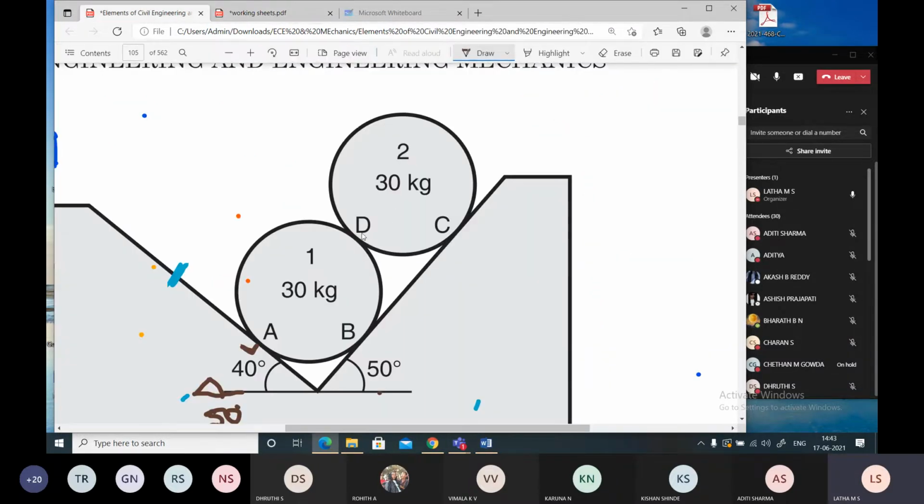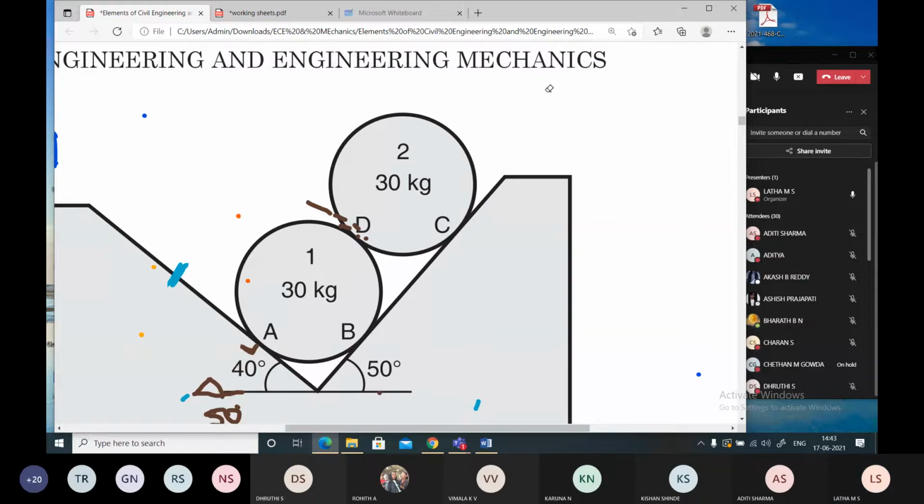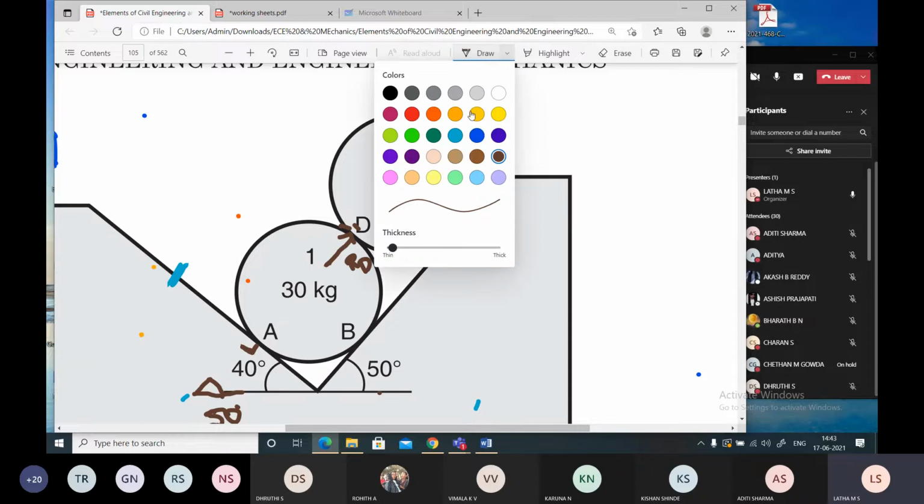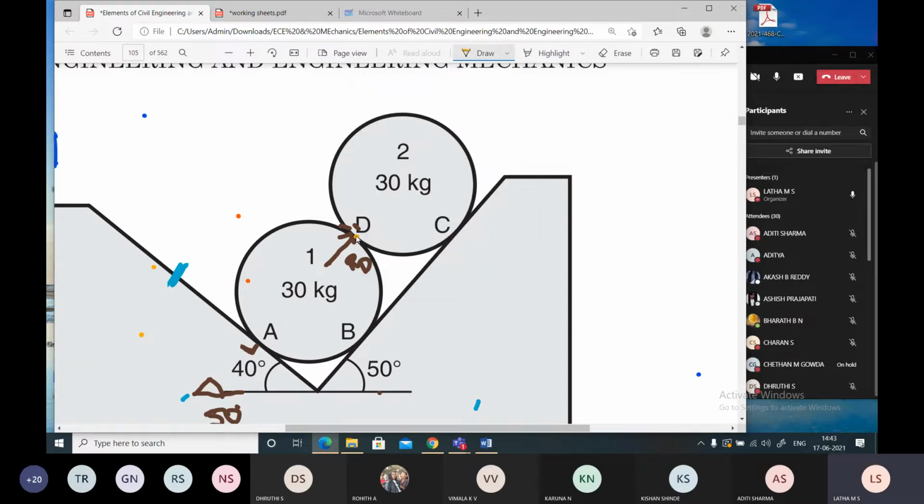To maintain equilibrium, I should drop a perpendicular RD, such that this was the RD direction when we had taken. Now I have to maintain equilibrium at point D. So it should be equal and opposite. Equilibrium has to be maintained.